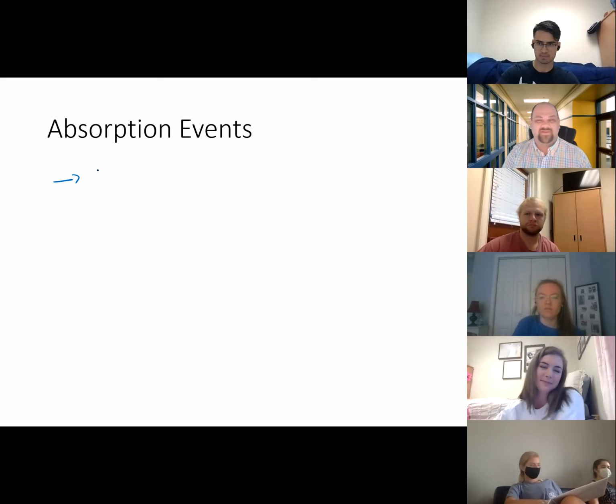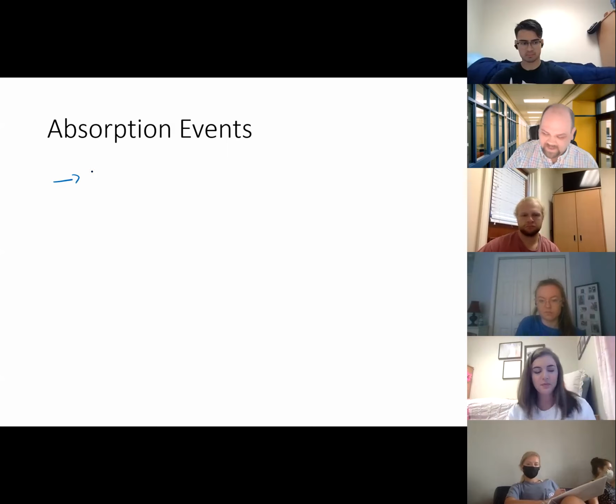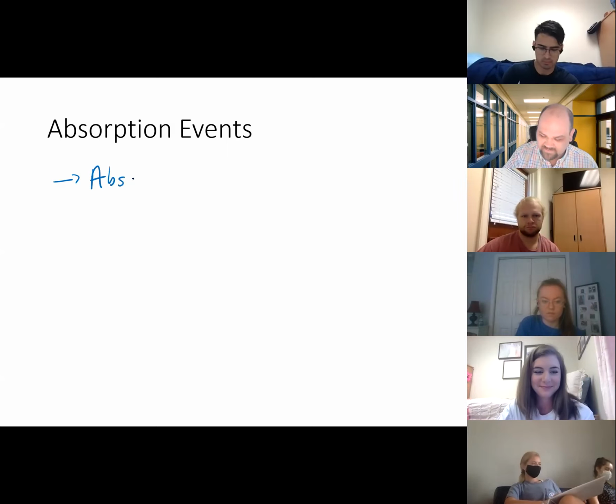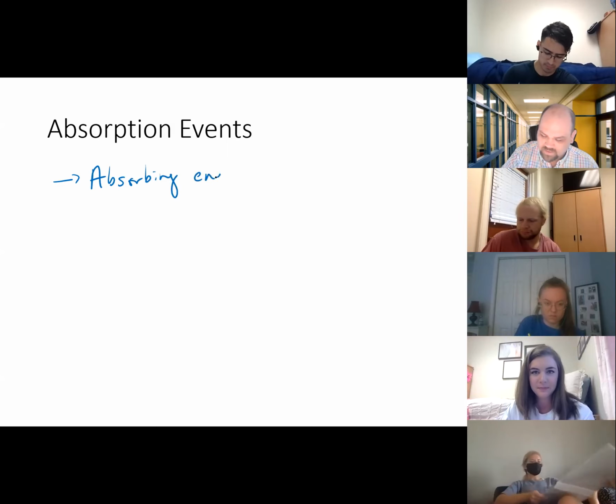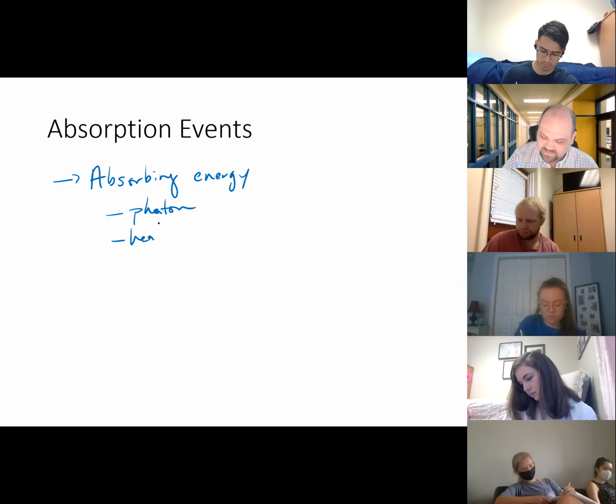It could be chemical energy if we're talking about chemiluminescence. It could be lots of different things. And so energy is a nice broad term. And so we are absorbing energy. And just so that we have all that on paper, this could be a photon. This could be heat. This could be chemical energy.